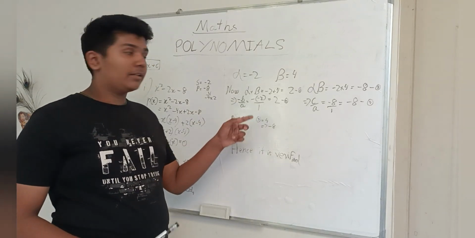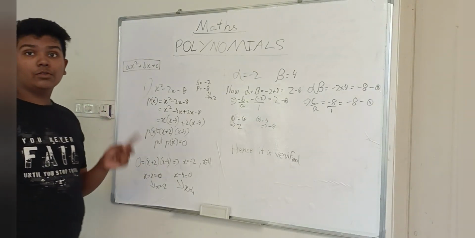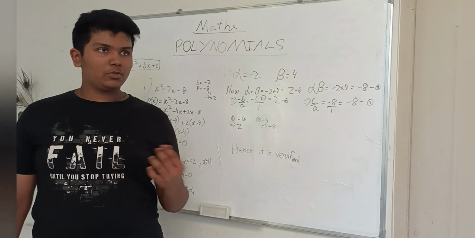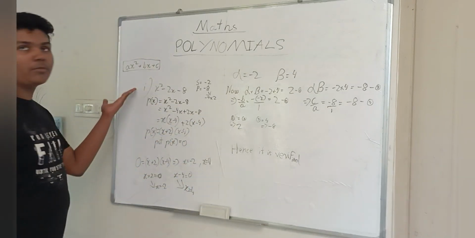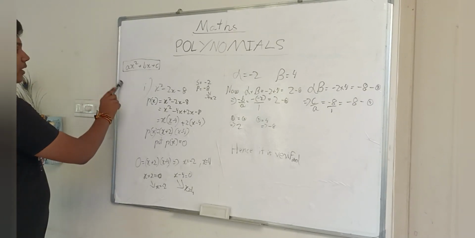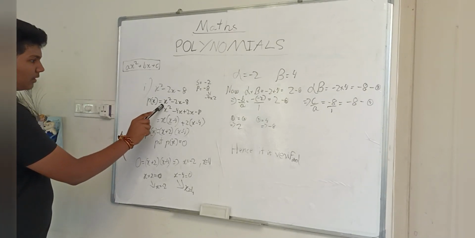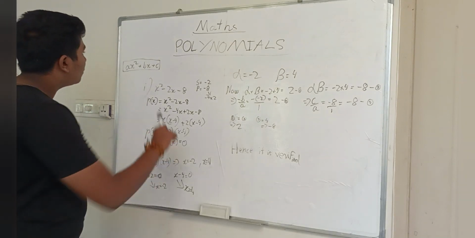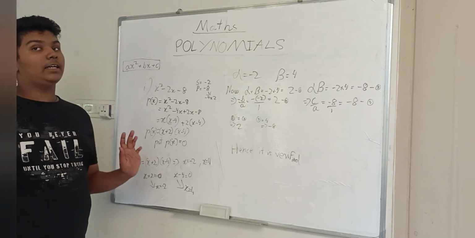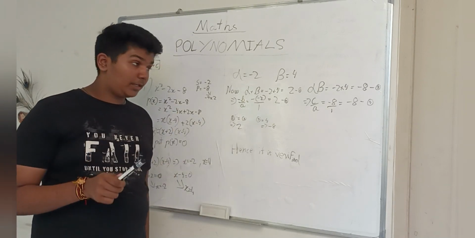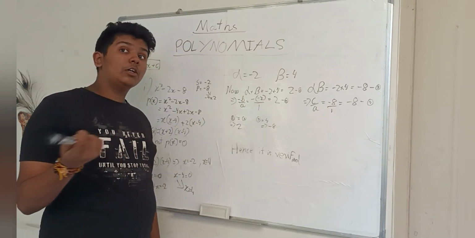I have written the formula here so you won't get confused; you can write this formula too. That is ax square plus bx plus c, where a is equal to 1, b is equal to minus 2 and c is minus 8.